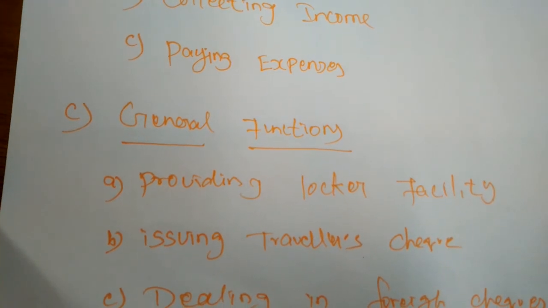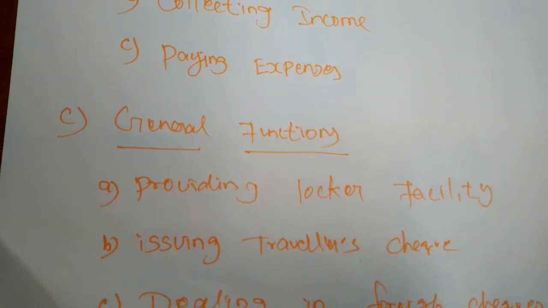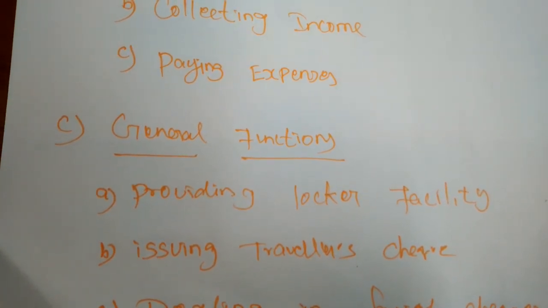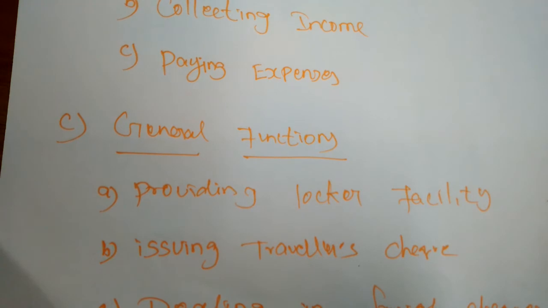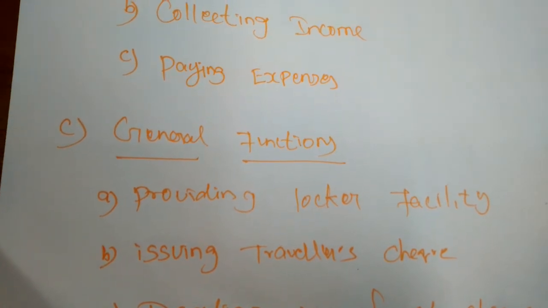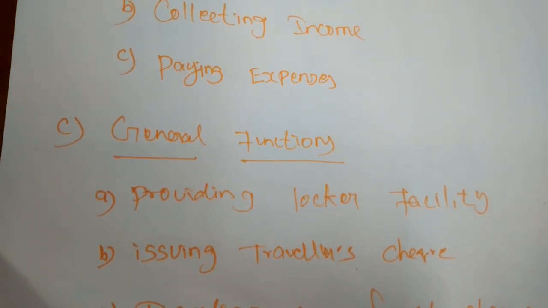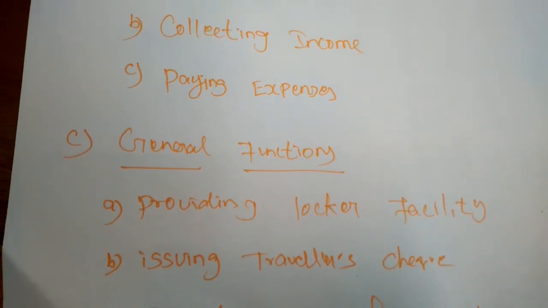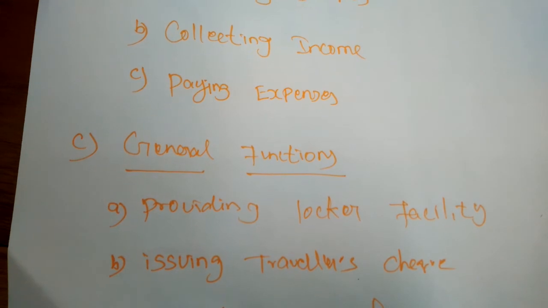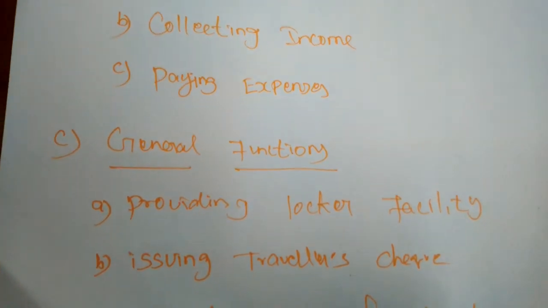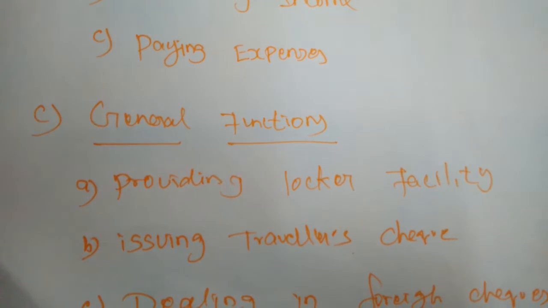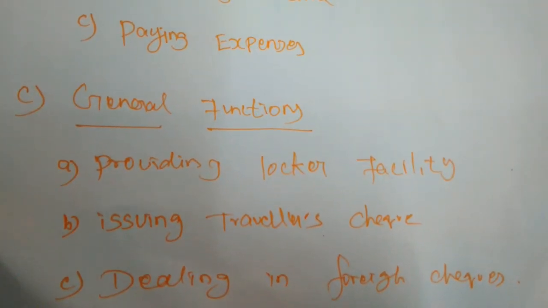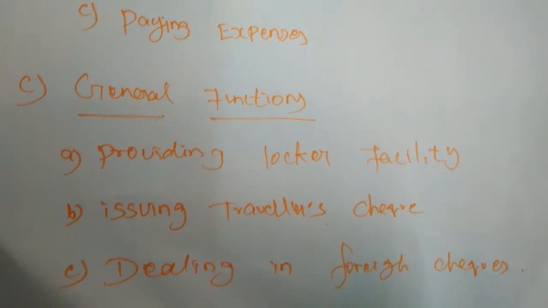For example, if you are traveling to another state, when we have the traveler check, we can easily change it into money. Because of that, there is no need to carry the money, and we do not have to worry about its protection. So the traveler check is also one of the best necessary facilities provided by the commercial bank.